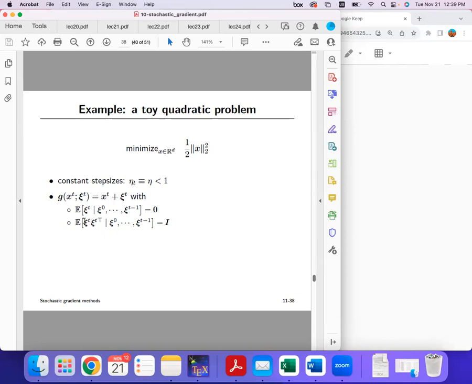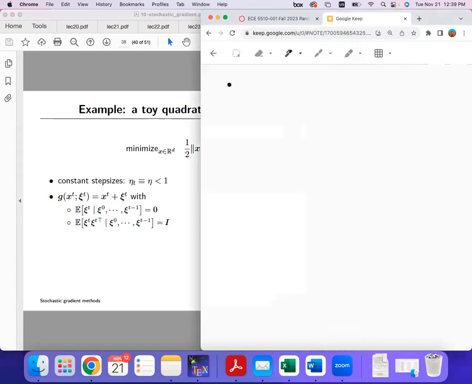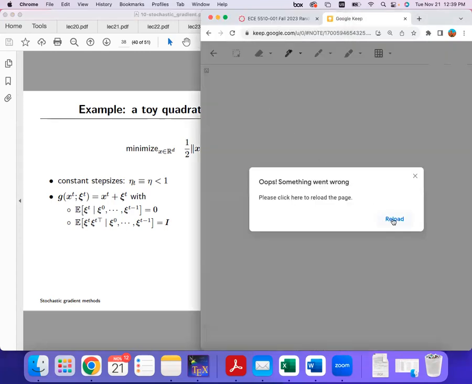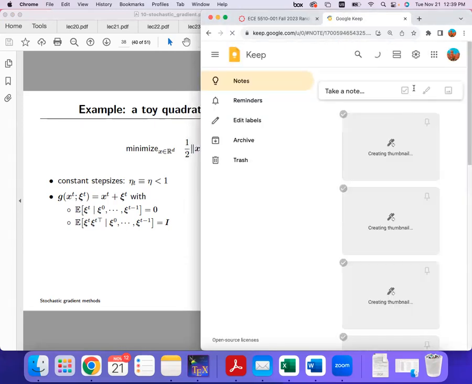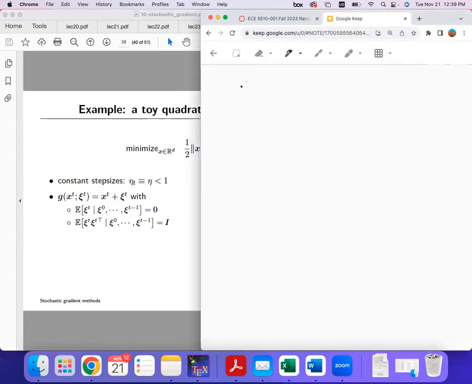This means that if you write ξ_t as a random vector, right? Because it's a vector added to x_t, it has dimension d, and every coordinate is random, ξ_t1 up to ξ_td.